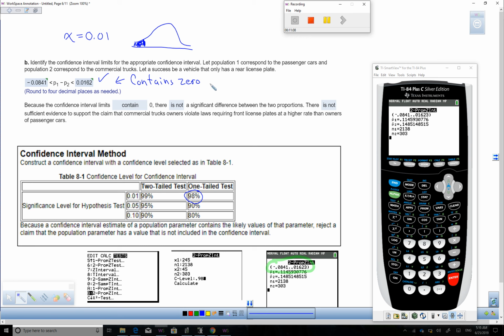So we fail to reject, and we arrive at the same conclusion as part A. We fail to reject the null hypothesis.